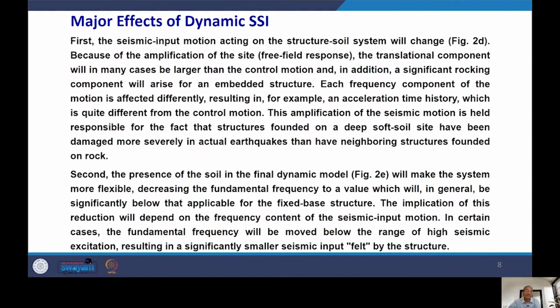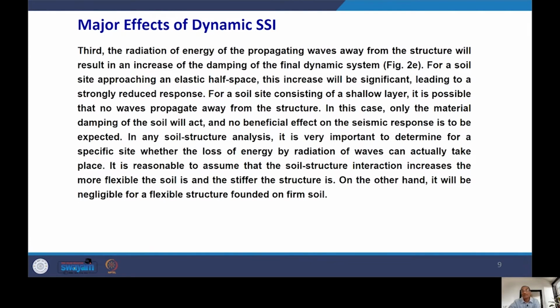Now the third effect: the radiation of energy of propagating waves away from the structure will result in an increase of the damping of the final dynamic system. When we discuss wave propagation, we are going to talk about that. In the soil, there are two types of damping. One is called material damping, another is called radiation damping. Regarding that damping, we will discuss in detail later.